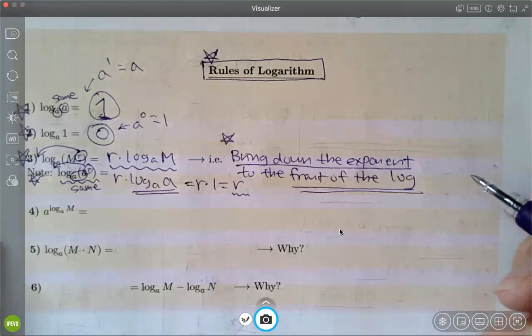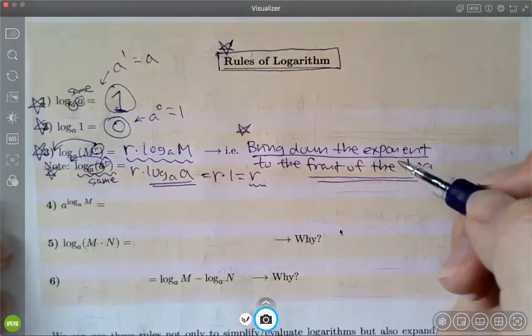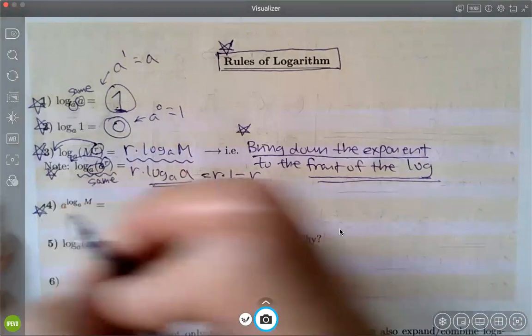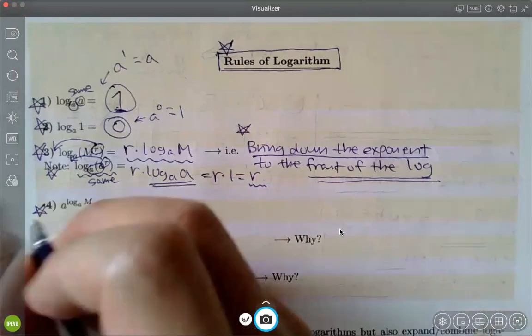And now conversely, if the logarithm is inside the exponent, so we have A to the power log A of M. Again, what do you notice here? The two bases are the same.